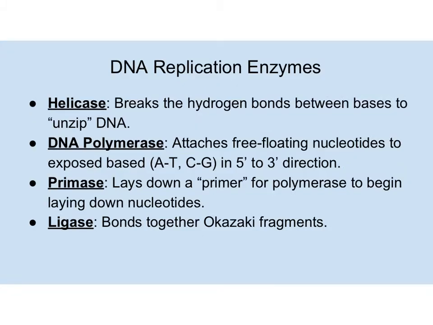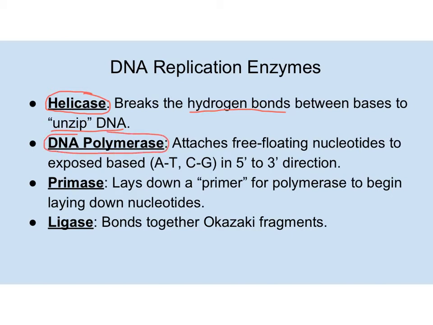Okay, last slide. So remember, in our daily objective, you had to know 2 enzymes, and here's the 2. Helicase. That's the guy, the little thing, if you hold it and you unzip your sweater, that's the one that breaks the hydrogen bonds between the bases to unzip the DNA molecule. The other one you need to know is DNA polymerase.